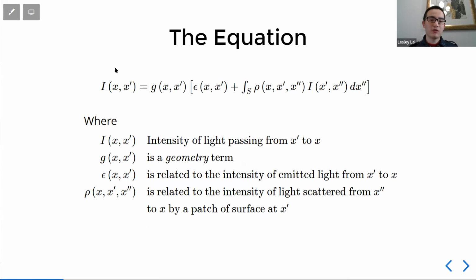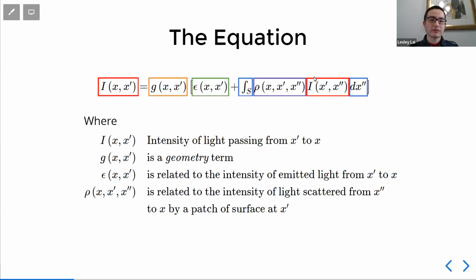In Kajiya's form, we calculate the intensity of light passing from x prime to x, so it's two points. And then we have a bunch of terms to calculate the intensity of light passing. So I will split the equation term by term and explain each term.